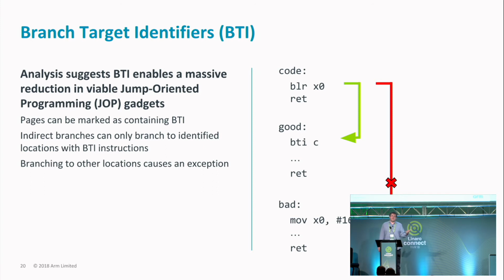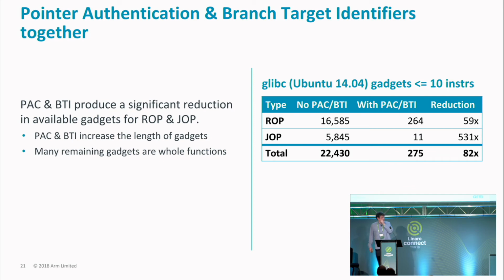We don't do this on direct branches because direct branches are to a fixed location. It's the indirect branches where this needs to be protected. So we see branch authentication, pointer authentication and branch target identifiers as working together.